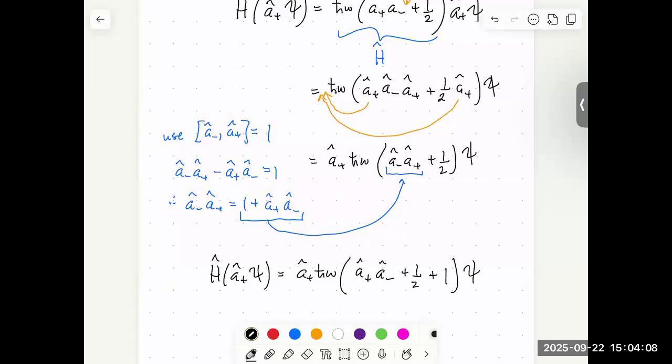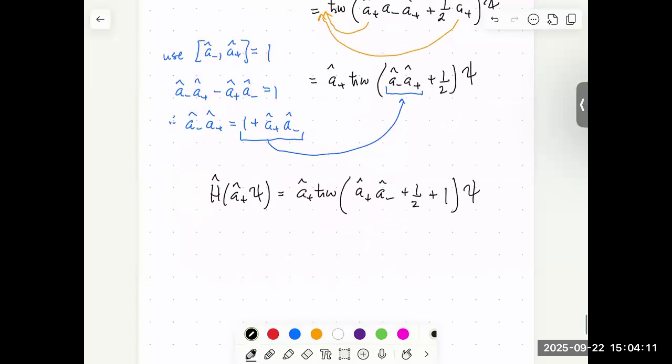All right, so A plus h bar omega, A plus A minus +1/2 times psi. Okay, so I'm separating out the +1. So when I take out the +1, it has to have the A plus h bar omega, and it has to have the psi. So we end up with a plus A plus h bar omega psi. All right.